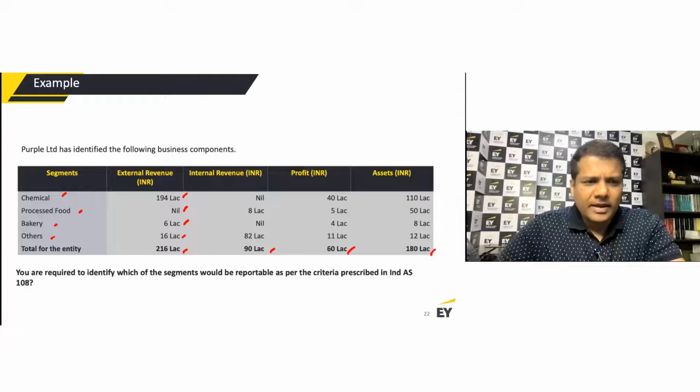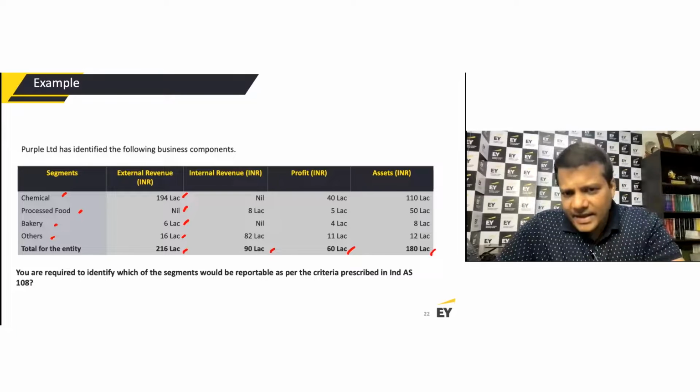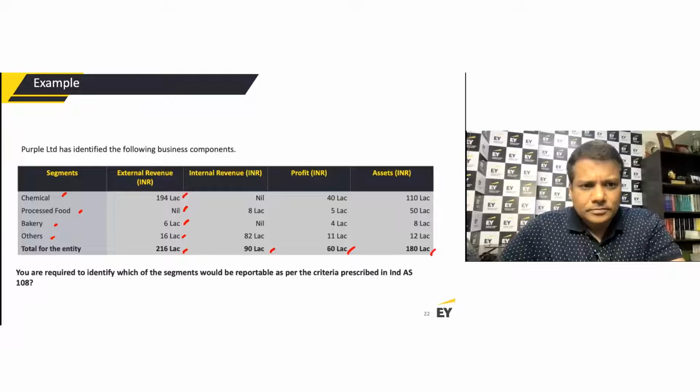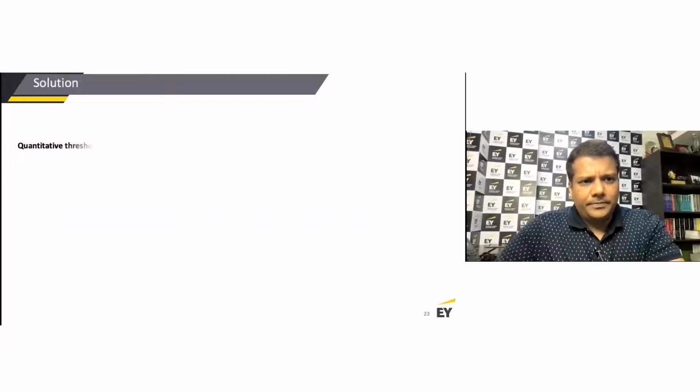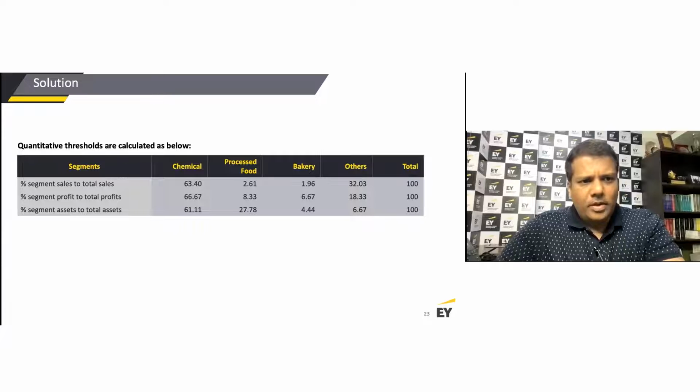Internal and external revenues put together come to more than 300 lakhs. We will do the quick math, then look at the profit, which is 60 lakhs; 10% of that is 6 lakhs. And for assets, 10% of that is 18 lakhs. So let's try and understand. Quantitative thresholds are calculated as below.